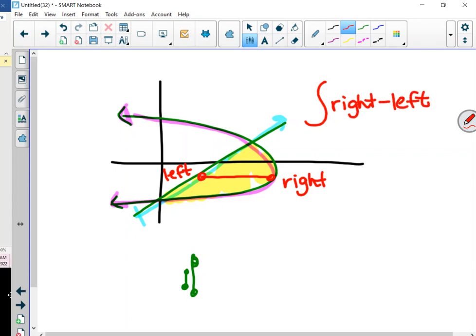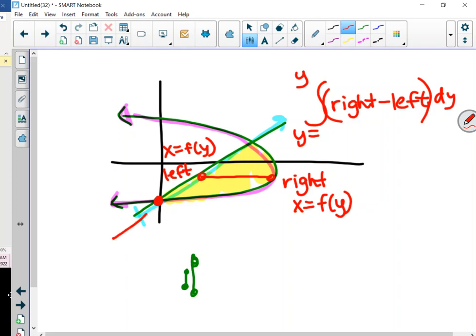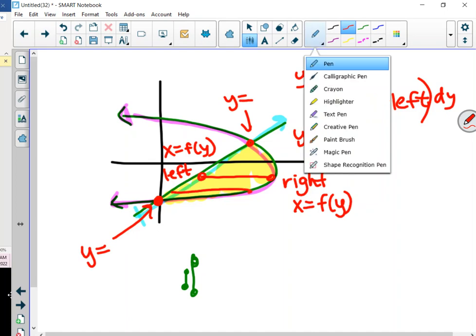Now, a couple things happen when we do that. First of all, they have to be written like that, as x equals functions of y. So that's dy. And these become y numbers. So we would go from this y number to this y number. So we would be kind of adding up, going like that.